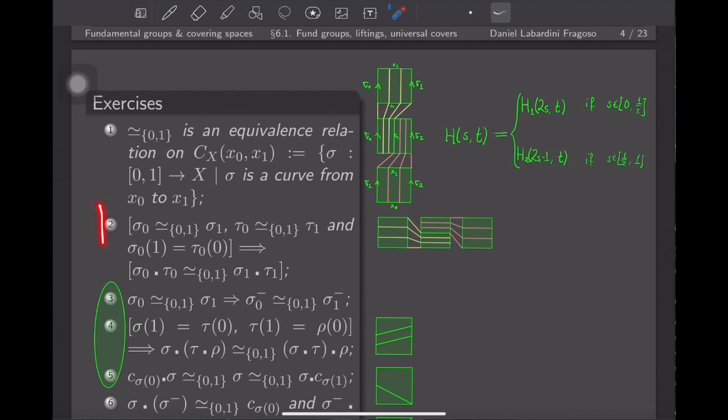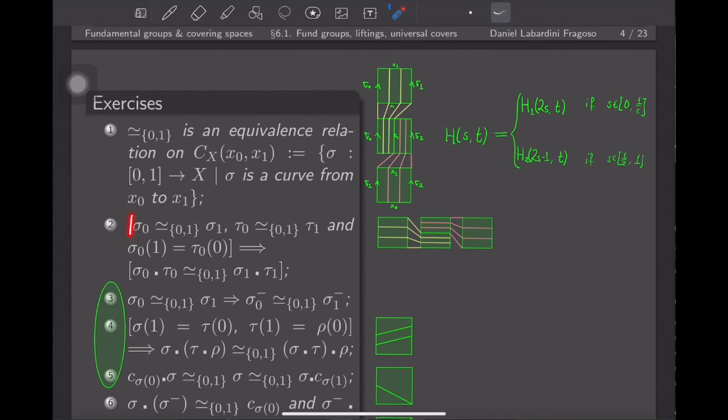Okay, so let's now move to the second one, which says that homotopy relative to endpoints is compatible with concatenation, right? Provided concatenation makes sense.